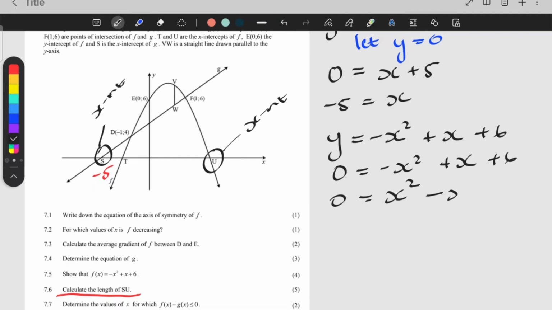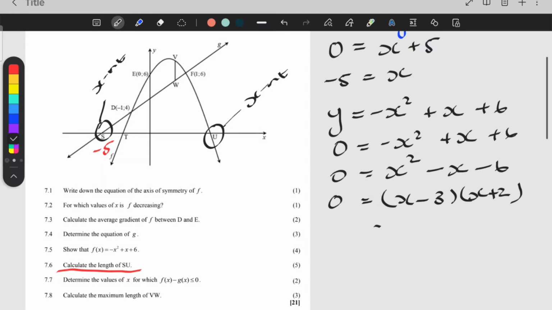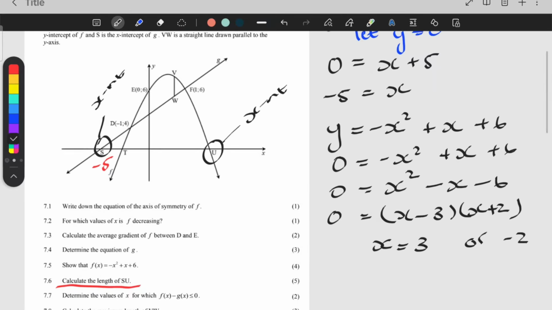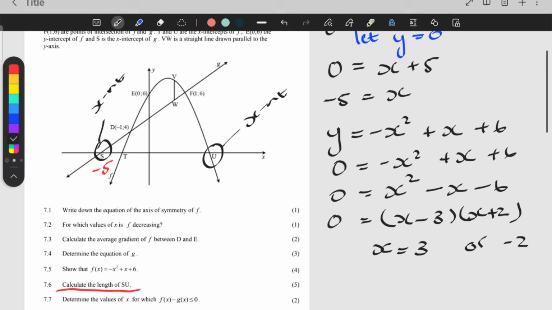So plus, minus, minus, and then I'm going to factorize x and x, 3 and 2, a minus and a plus. So I get x to be either a positive 3 or a negative 2. So let's look. Here's the one x-intercept and there's the other one of the parabola. This one is definitely negative 2, so this one is 3. Okay, I worked that out.